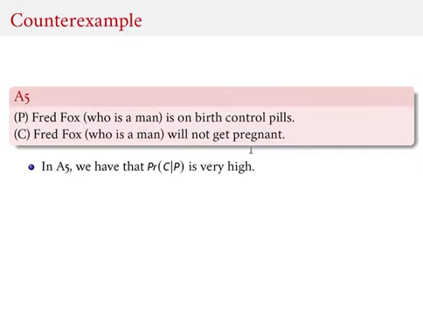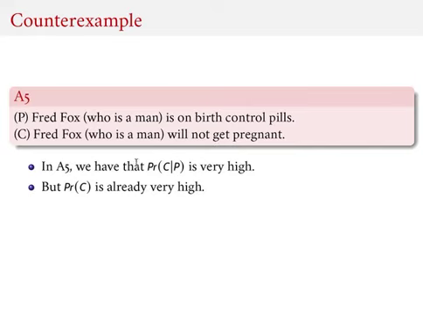However, there's something strange here, because it doesn't seem like the premise really adds much probability to the conclusion. That is, the probability of the conclusion is already very high, regardless of the premise, because Fred Fox, regardless of whether he's taking birth control pills, will most likely not get pregnant because he's a man.